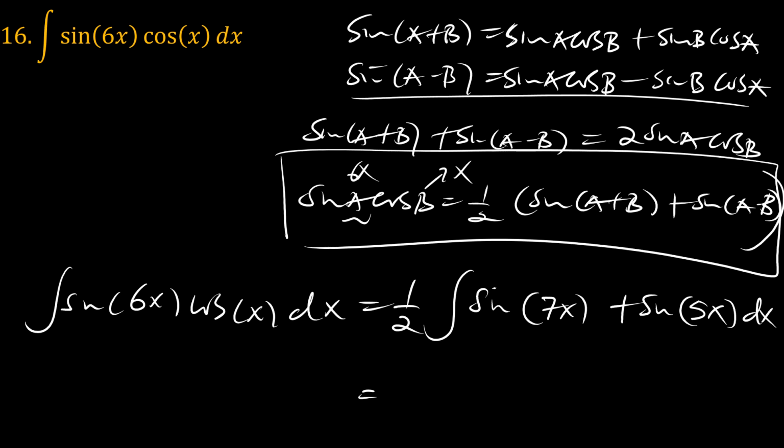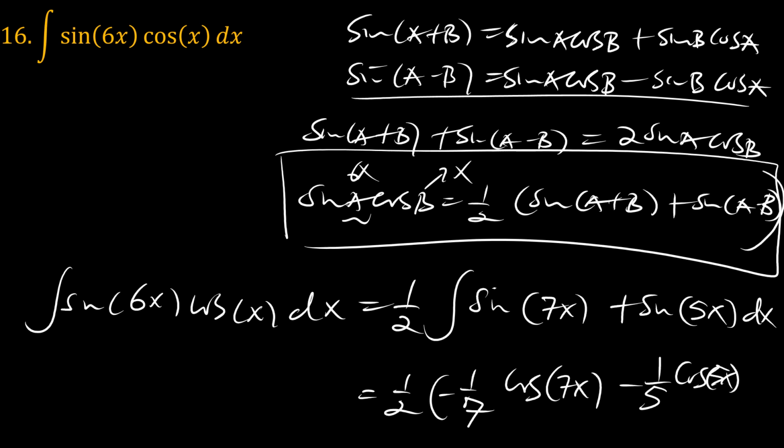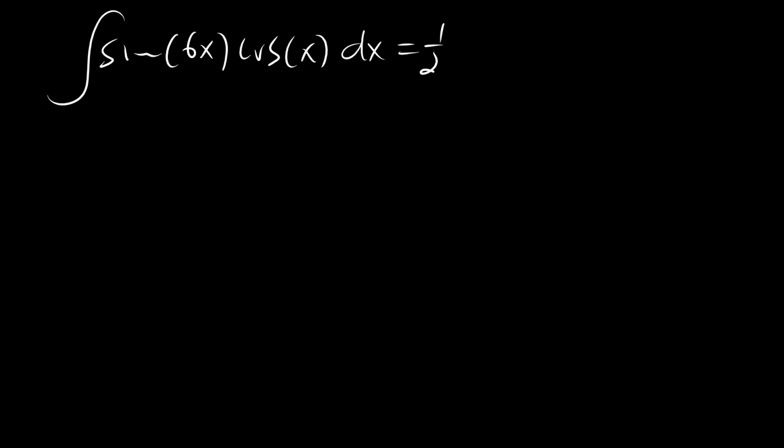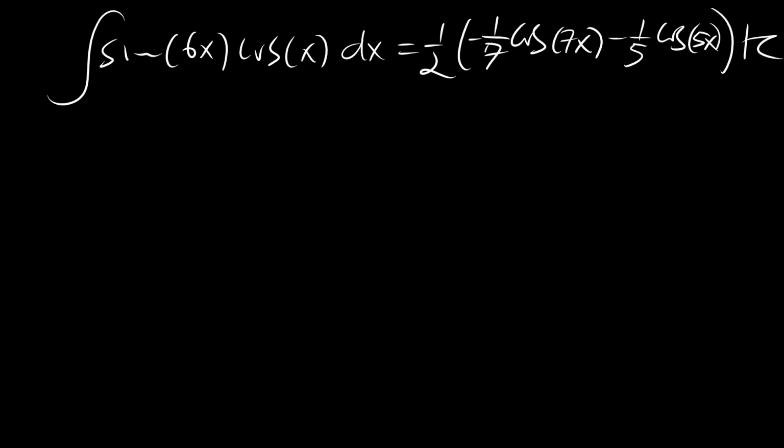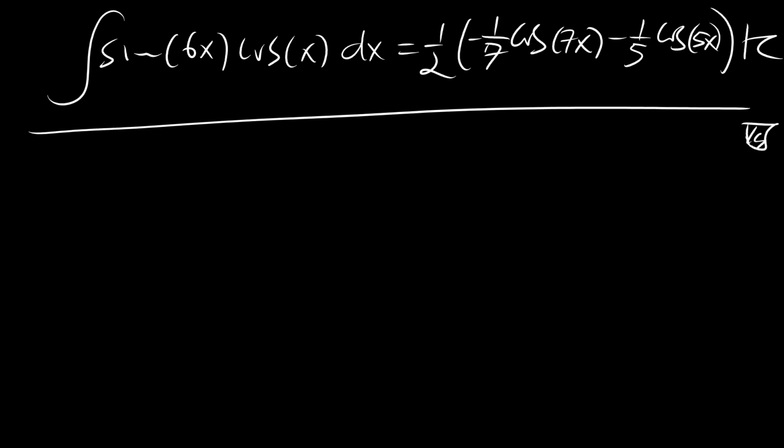Which becomes a half of negative 1 over 7 cosine of 7x minus 1 over 5 cosine of 5x plus c. And just to summarize, sine of 6x cosine of x is equal to a half of negative 1 over 7 cosine of 7x minus 1 over 5 cosine of 5x plus c. And that, ladies and gentlemen, is our answer.